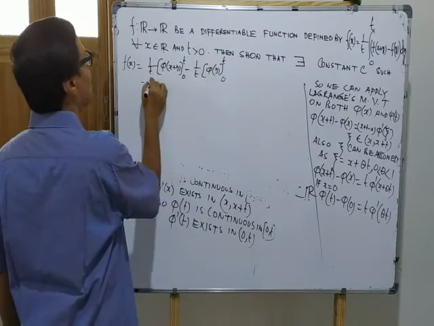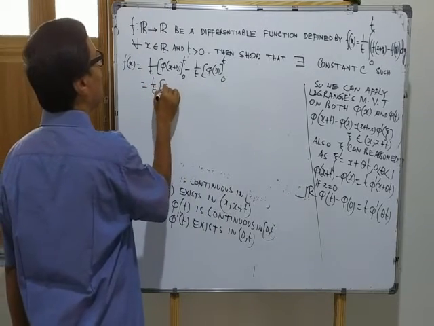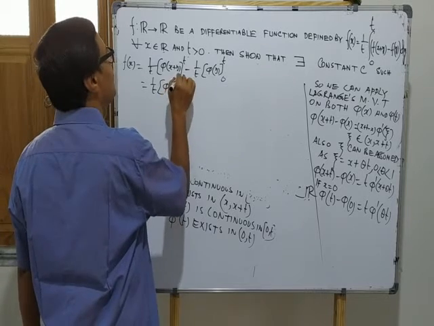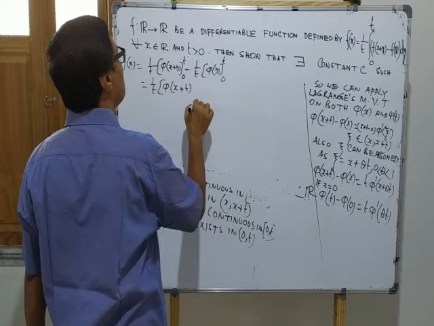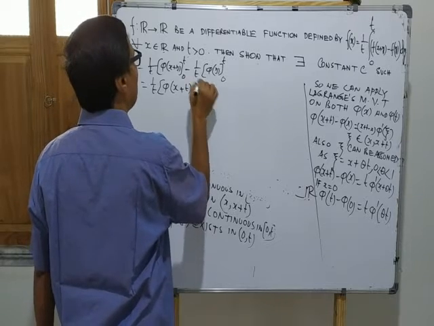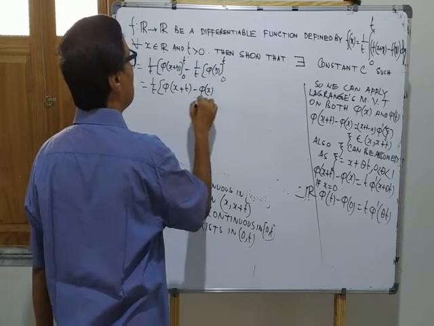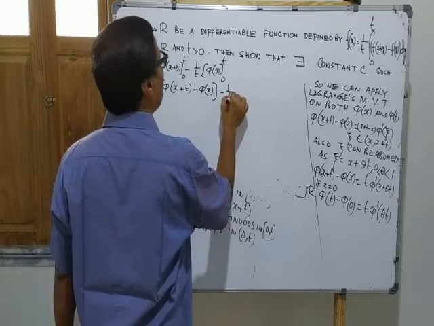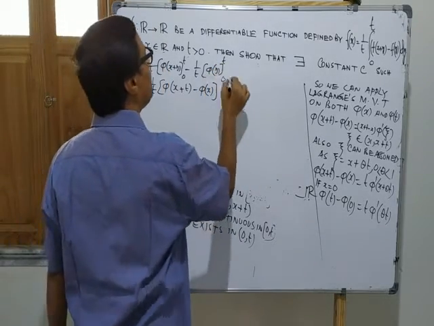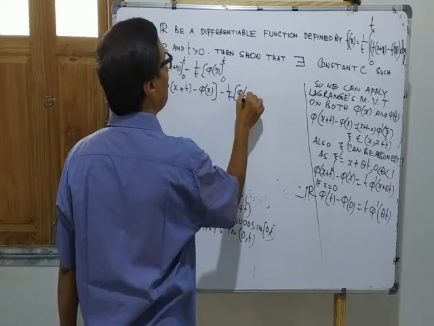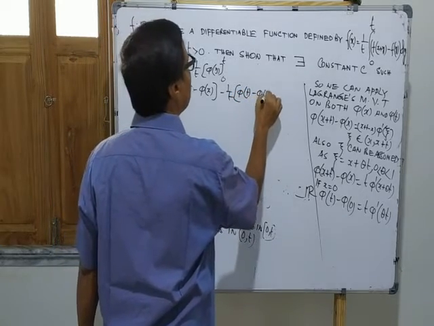This is also equal to 1 over t phi of x plus t with the upper limit and lower limit 0, so phi of x plus t minus phi of x, minus 1 over t, phi of y with upper limit t, so phi t minus phi of 0.